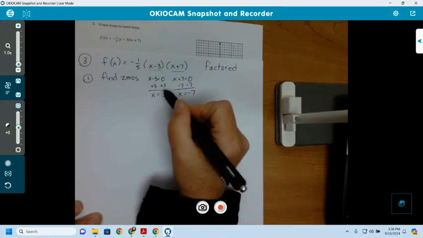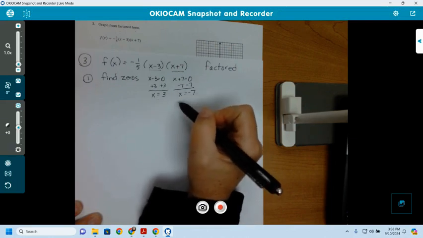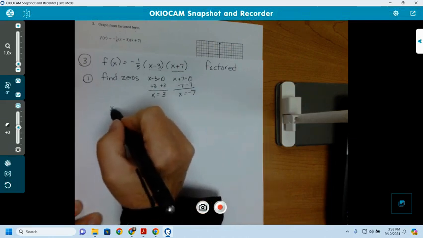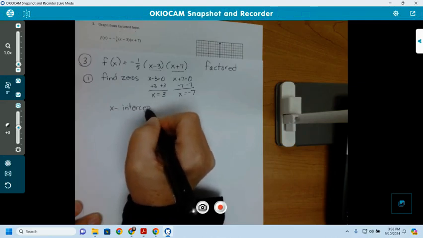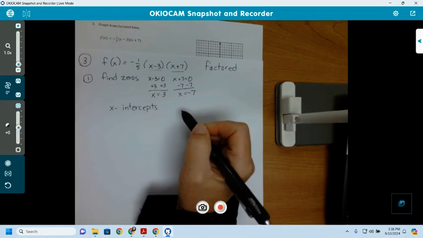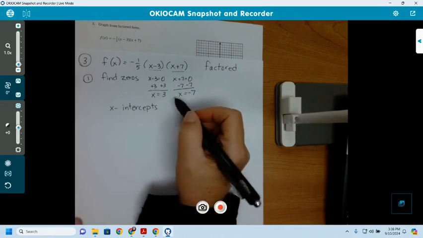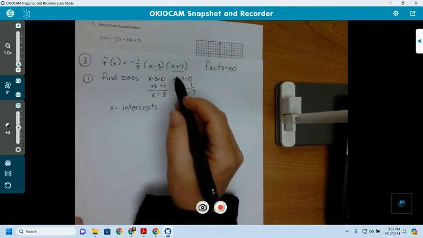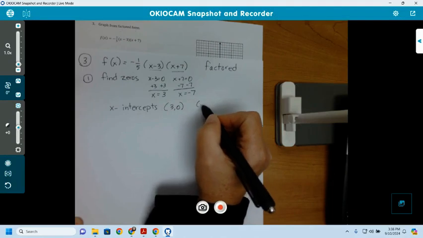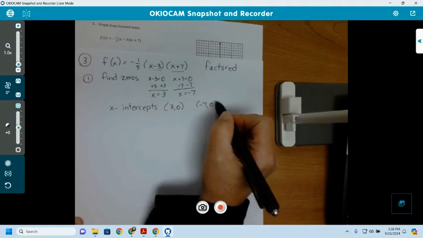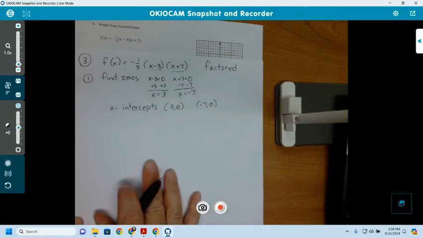What do these zeros represent? They represent the x-intercepts, meaning when y equals 0, where does the graph cross the x-axis? So we have 3, 0, and we have negative 7, 0. We'll graph it in a little bit.